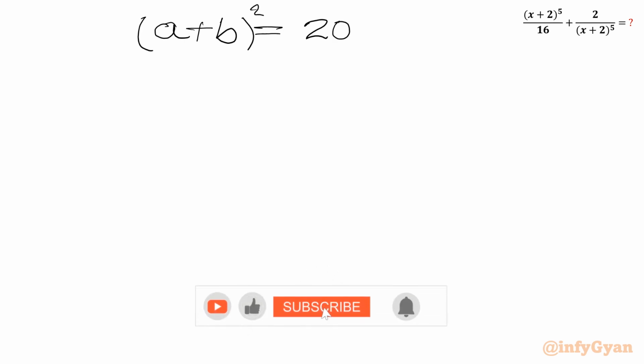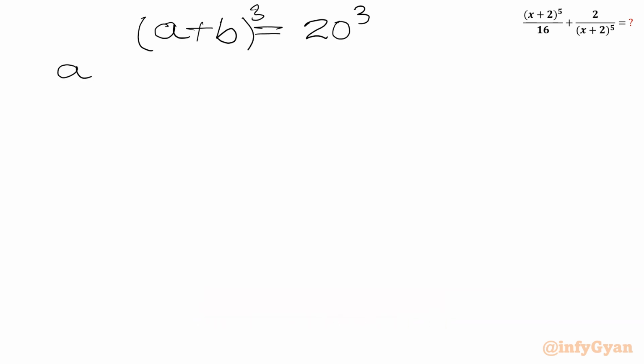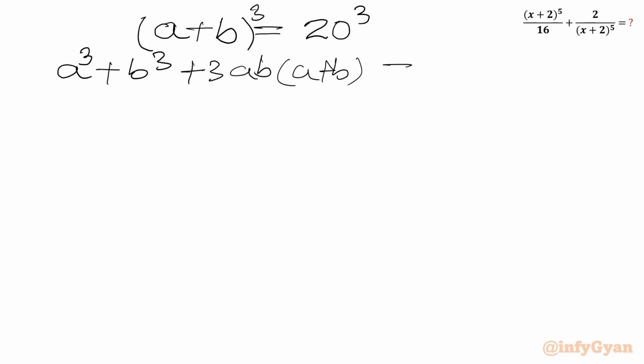Now I will cube equation 1. So we will consider power 3. Now we can use the (a plus b) whole cube identity. We can write a cube plus b cube plus 3ab(a plus b) equal to 20 cube, which will be 8 times 1000, so 8000. Now a times b is 2, equation number 2. a plus b is 20, equation number 1.